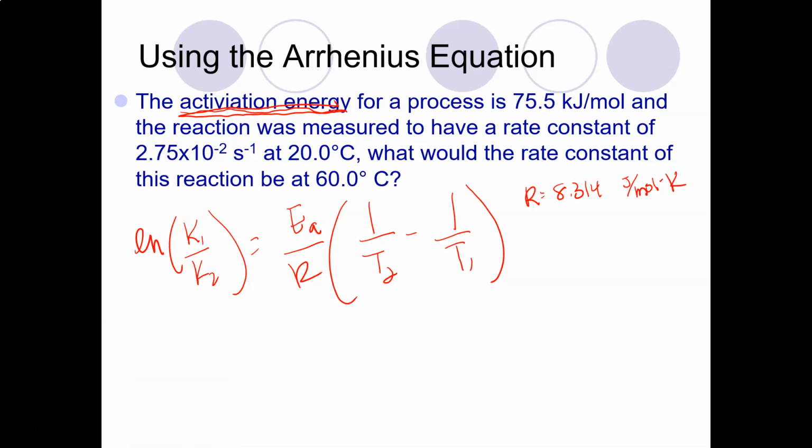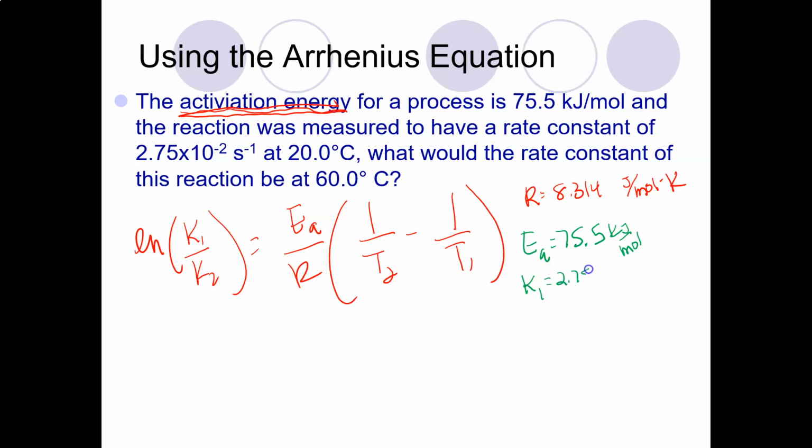Starting at the top, the activation energy for the process is 75.5 kilojoules per mole. Well, activation energy, that symbol is EA. So that number is EA. The reaction was measured to have a rate constant. Well, the rate constant symbol is lowercase k. So I'm going to call this K1 because it's the first one mentioned.